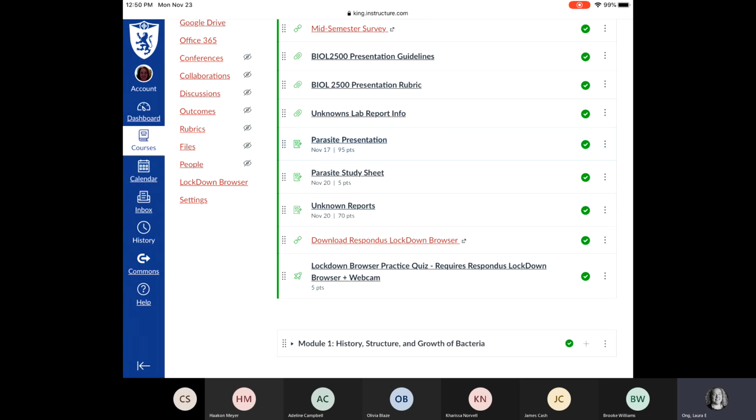When it's time for you to take the final, you will use this lockdown browser, and it's also going to have you turn on your webcam so that it can record your face. If you're doing something weird, it flags it, and then it sends the professor a report of who did weird stuff, and then we can go and look at that.